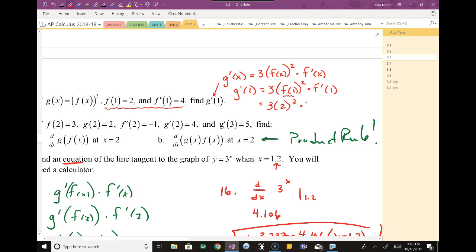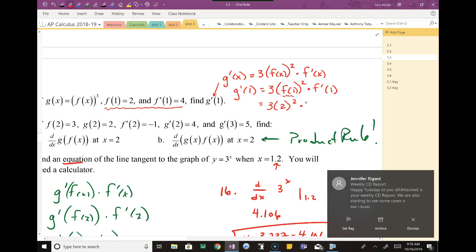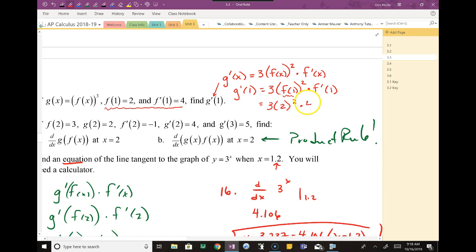What is the derivative of f at 1? 4. Now I'm left with all numbers and I can just simplify. What's 12 times 4? 48. That's it.